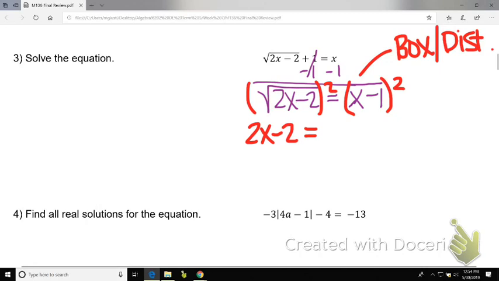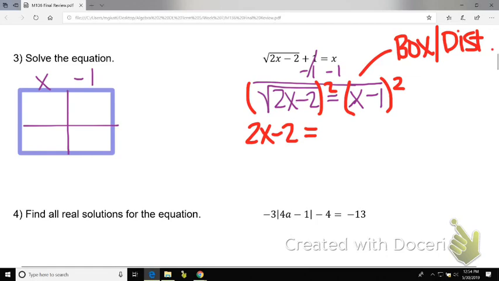Because x minus 1 times itself would be x minus 1 times x minus 1. Okay, so you have to work it out somewhere, whether it's by using this rectangle or just doing distributive property. Okay, x times x, x squared.